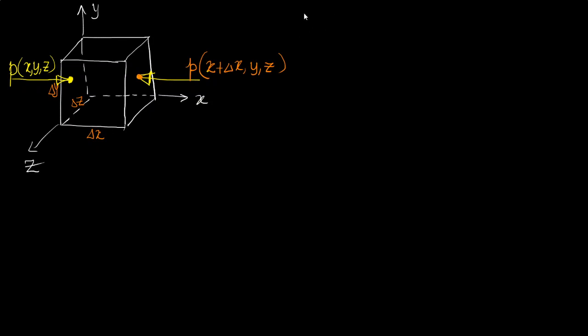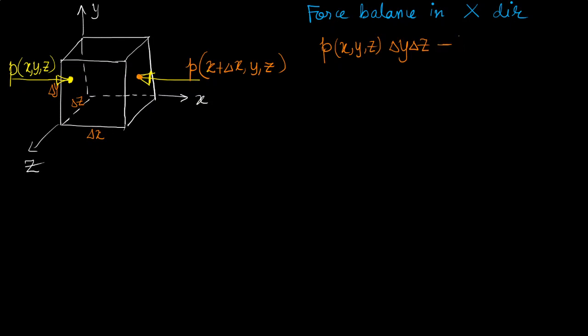So let us now perform a force balance in the x direction. From the left face we have P at x, y, z multiplied by the area over which the pressure acts, which is delta y, delta z. From the right face, it will be minus P at x plus delta x, y, z, and it also acts on an area delta y, delta z.